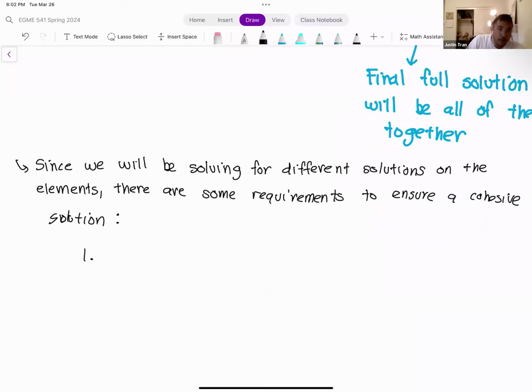The first requirement that we have is something called the continuity requirement. The continuity requirement basically states that when you move from one element to the next, the solution should be continuous. So there shouldn't be any sudden jumps of solution between different elements.